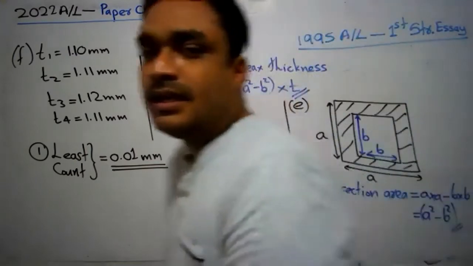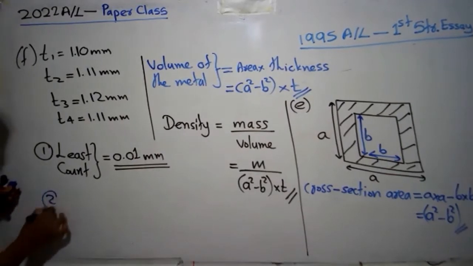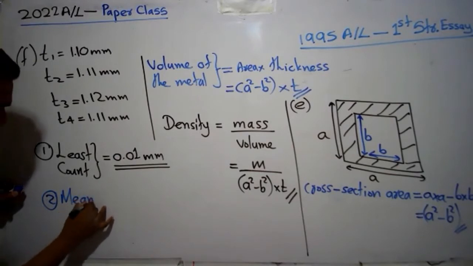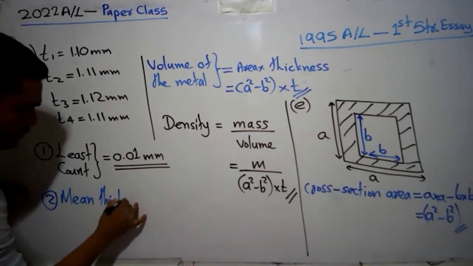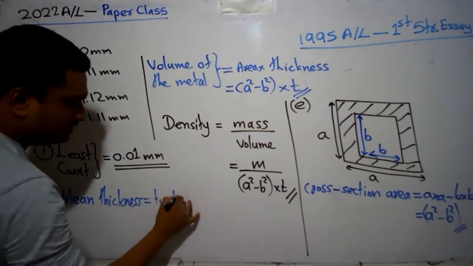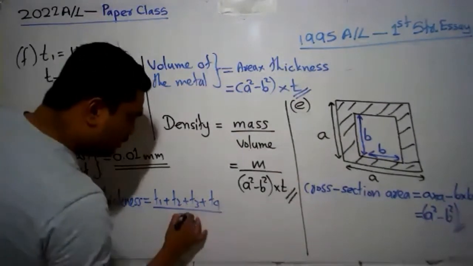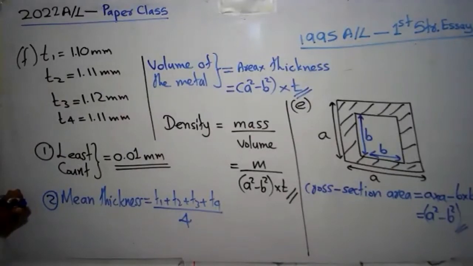Right. Then the second question: calculate the mean thickness of the sheet. Mean thickness means average thickness. So what is the mean thickness of the sheet? The mean thickness is equal to the sum of all four readings, T1 plus T2 plus T3 plus T4, divided by the number of readings, 4.